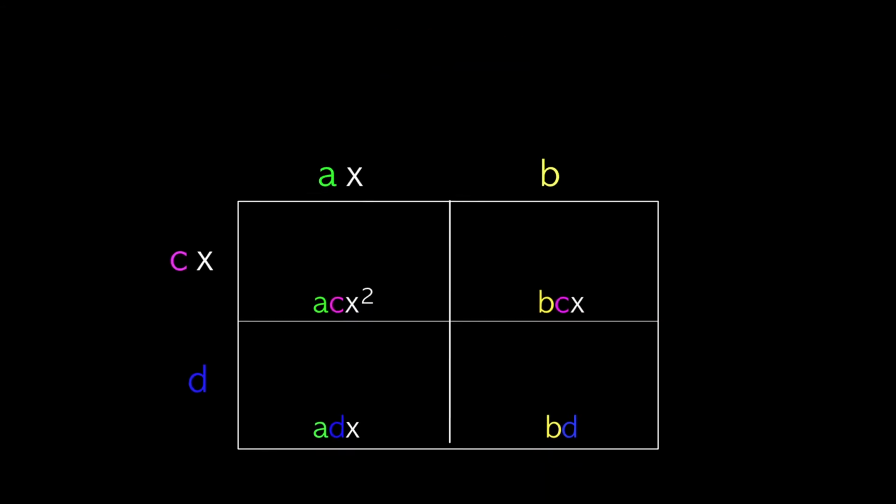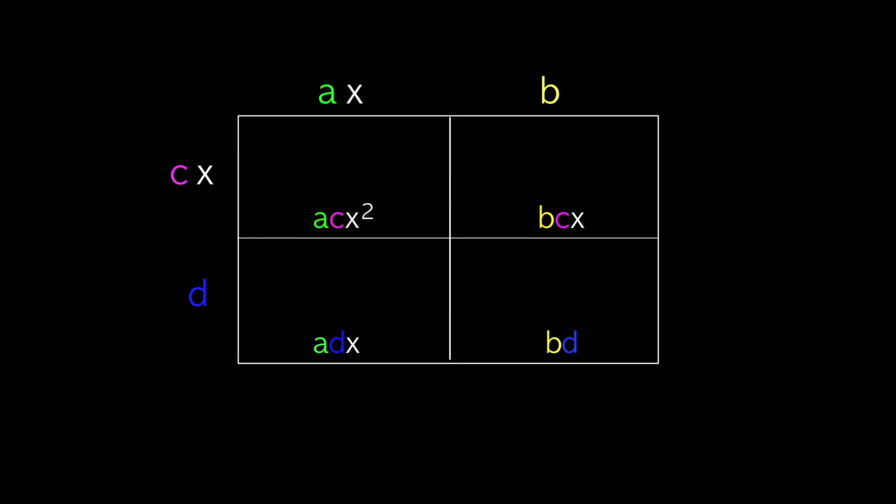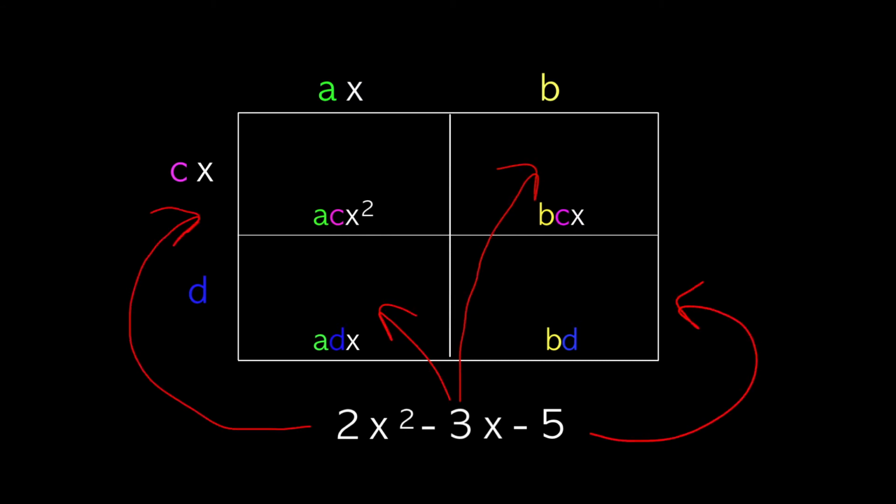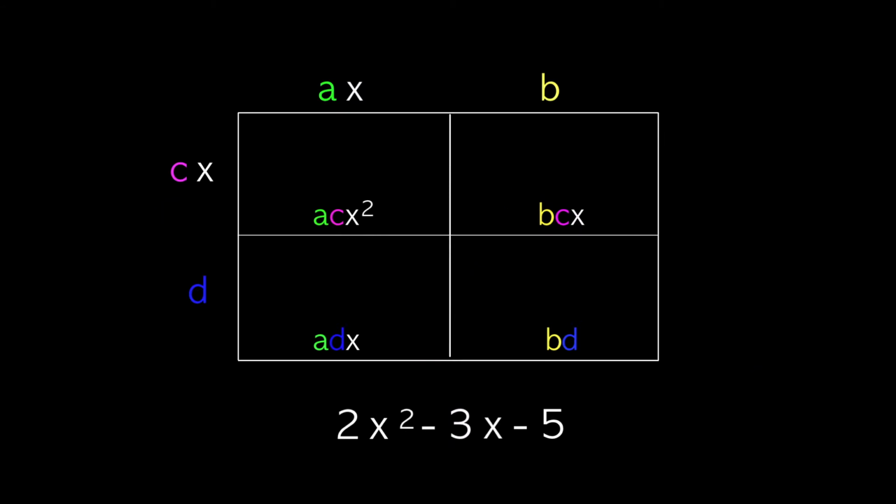So back to the original question, how do we factor something like 2x squared minus 3x minus 5 into two binomials? Well, if we could put each term into its corresponding box, then we could work backwards and figure out the two binomials. But we have a problem. The front term is made by multiplying the two first terms, so we can put it in that box.